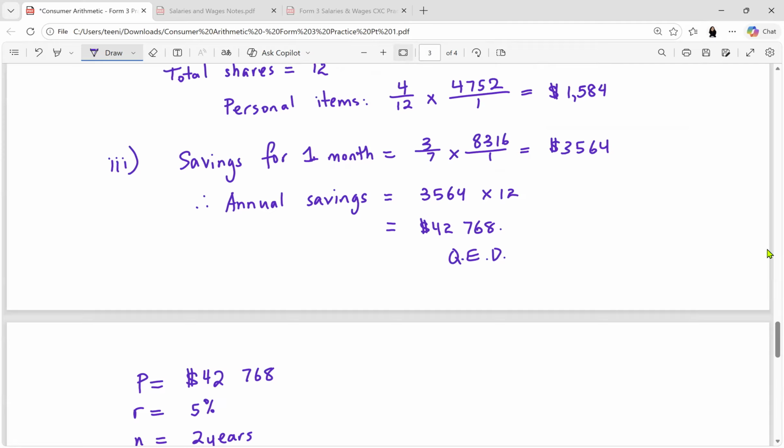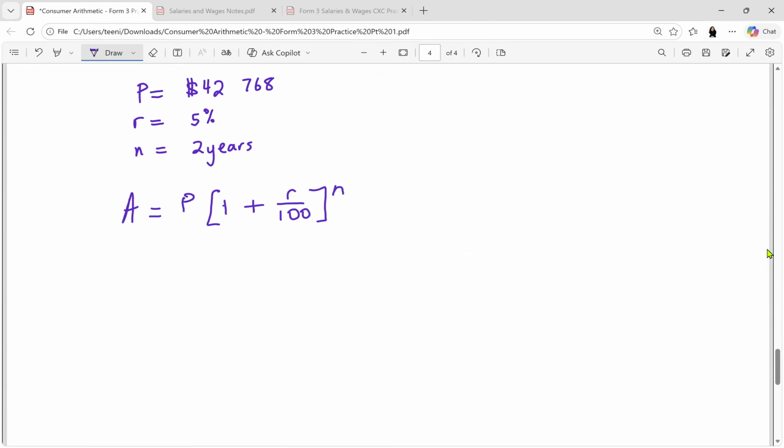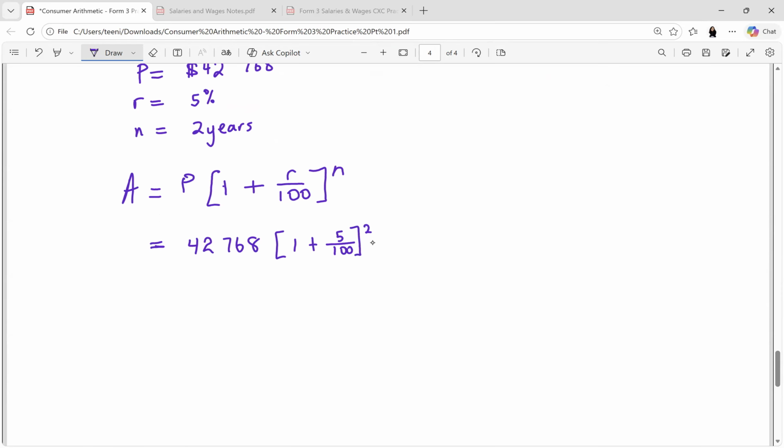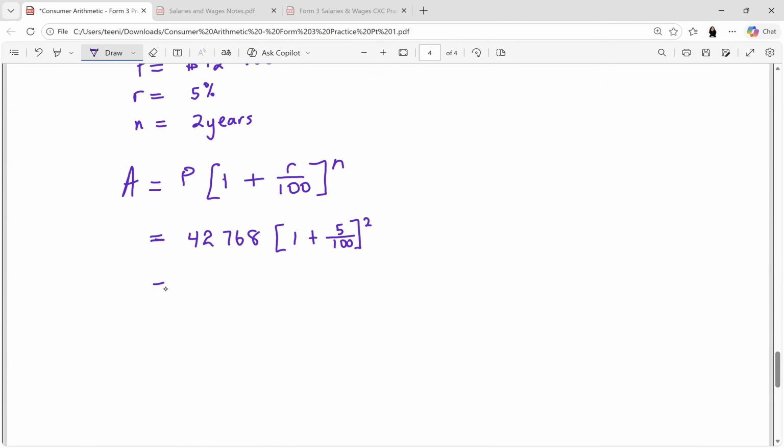On your calculators now, we're going to substitute these values in there. So the principal is 42,768 times 1 plus the rate, which is 5 over 100, raised to the power of 2.